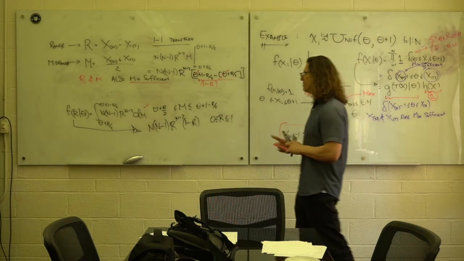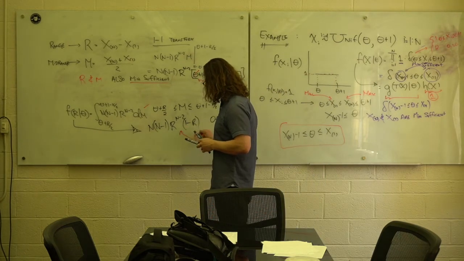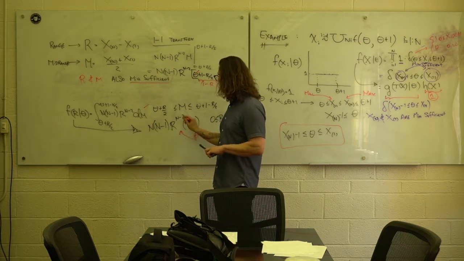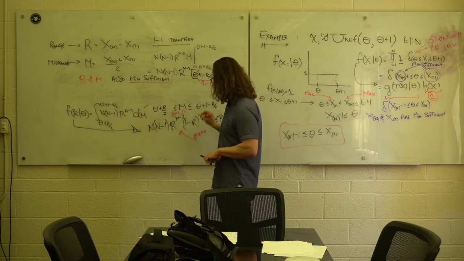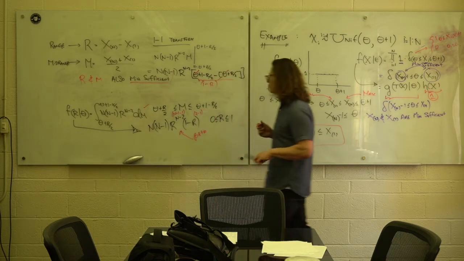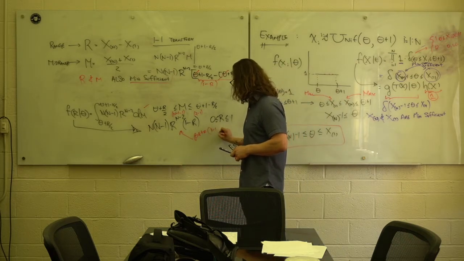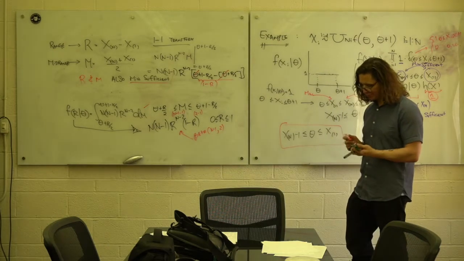You would recognize this as a beta distribution. So this is a beta. And you could recognize which beta it is by writing this down as n minus 1 minus 1. And this is going to be 2 minus 1 right here. And so this is a beta n minus 1, 2 is how I would recognize that.